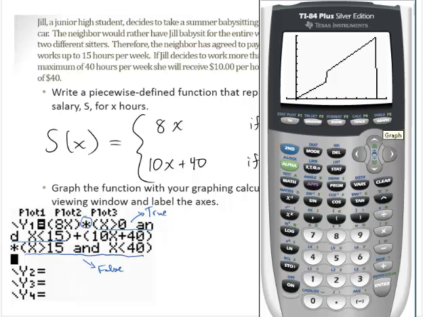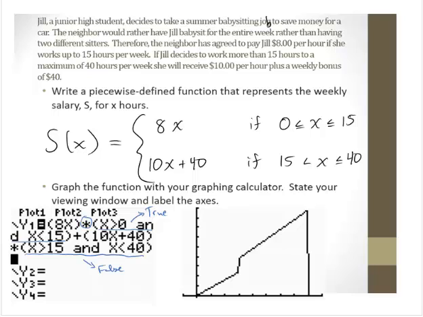So now we get some little features here that are part of the graph. So let me copy this over to our screen and annotate it a little bit. All right, so there's our graph. Now, this is our x, and this is our s of x. And let's put a little bit of scale. We said that each mark was 5 hours. So this is 5, 10, 15 hours.